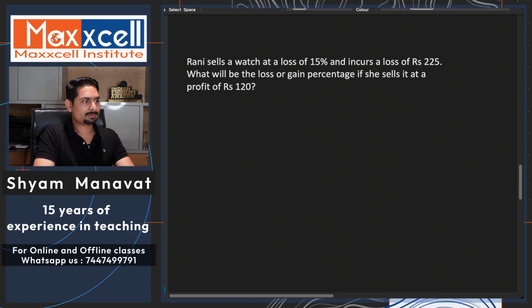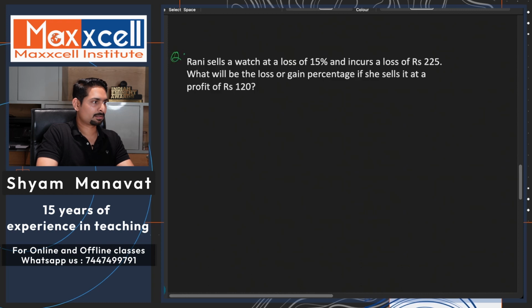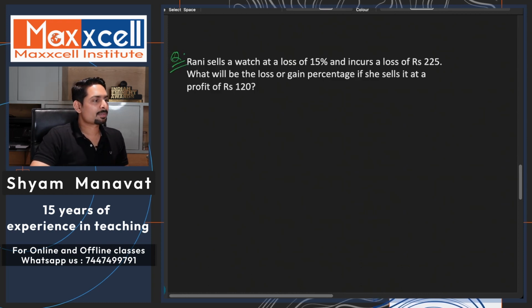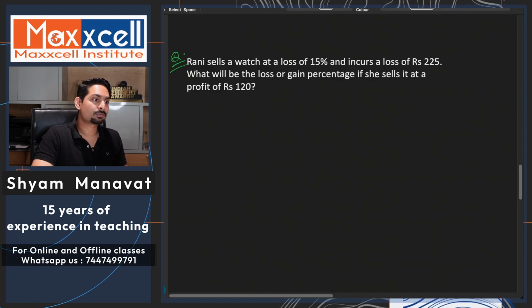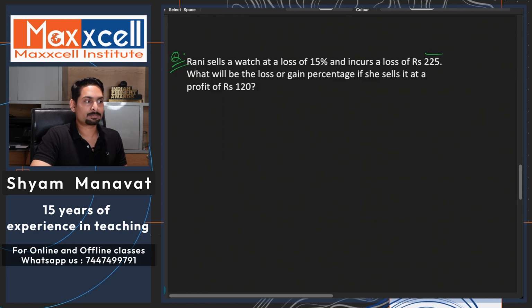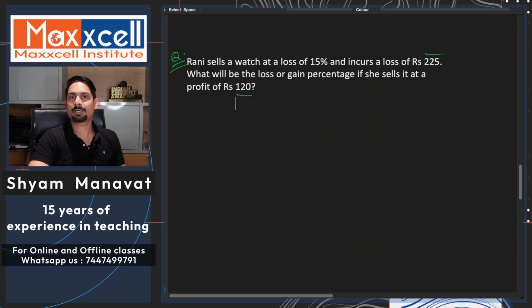You have 15% loss. Let's understand the question first and then see how it goes. Rani sells a watch at a loss of 15% and incurs a loss of rupees 225. What will be the loss or gain percentage if the selling price is at a profit of 120?